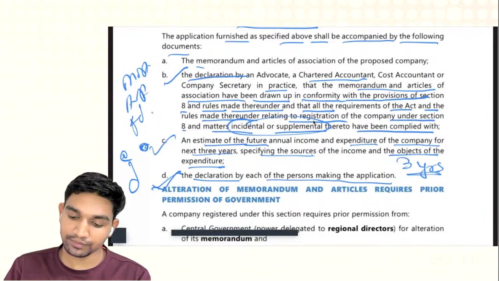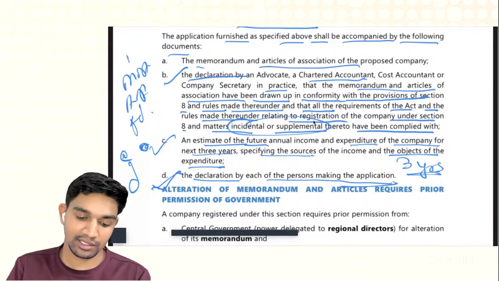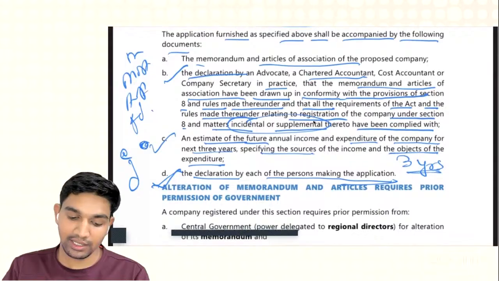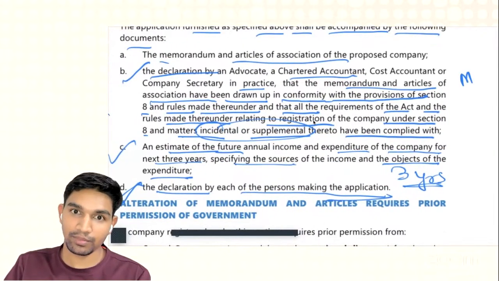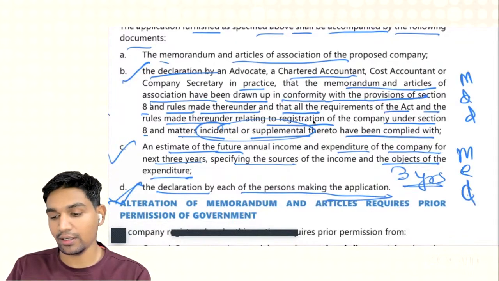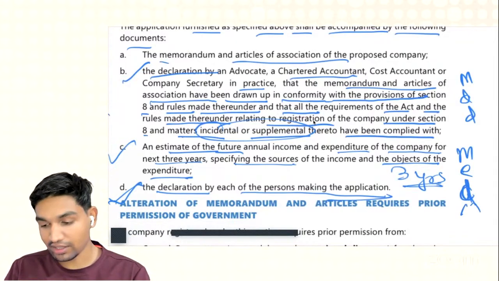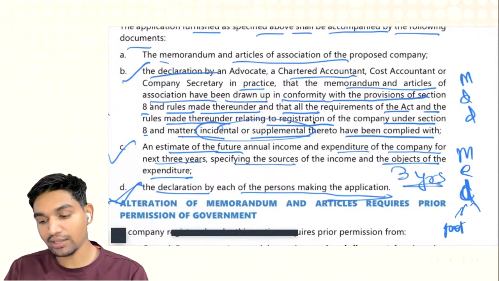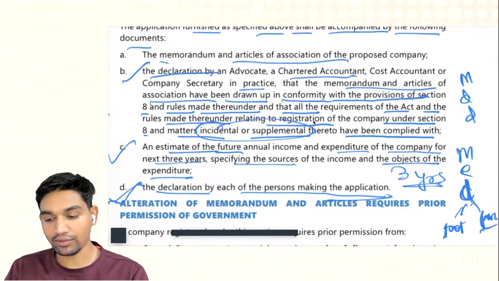Then the memorandum and articles should be there. So we can say: memorandum of association of the proposed company, then the professional declaration, and then the declaration. There are two types of declaration. First is the professional declaration, and then the declaration by the persons making the application.